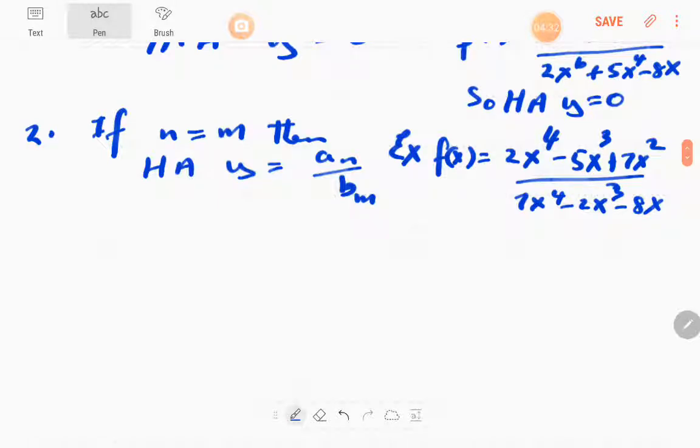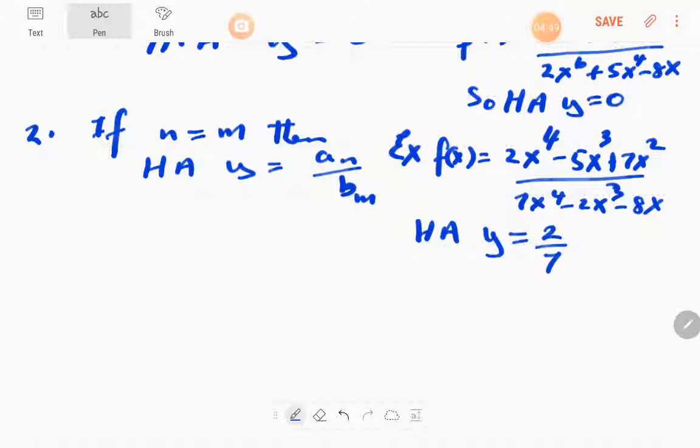So here our horizontal asymptote would just be y equal to 2 over 7, the coefficients of the leading terms.